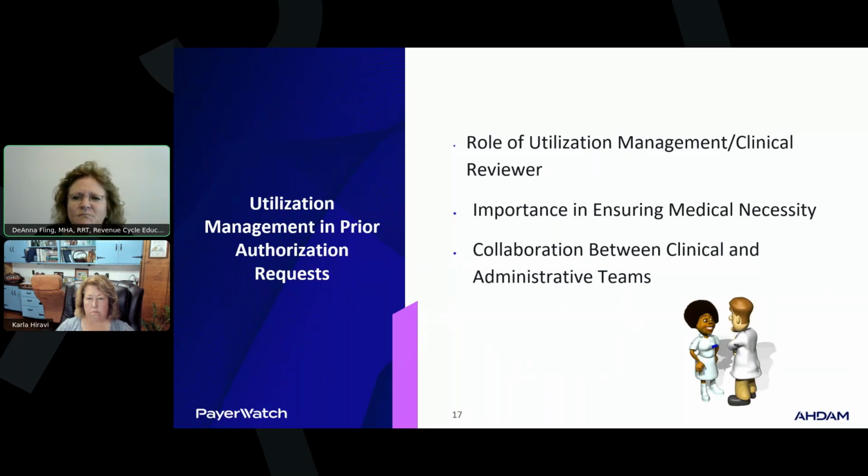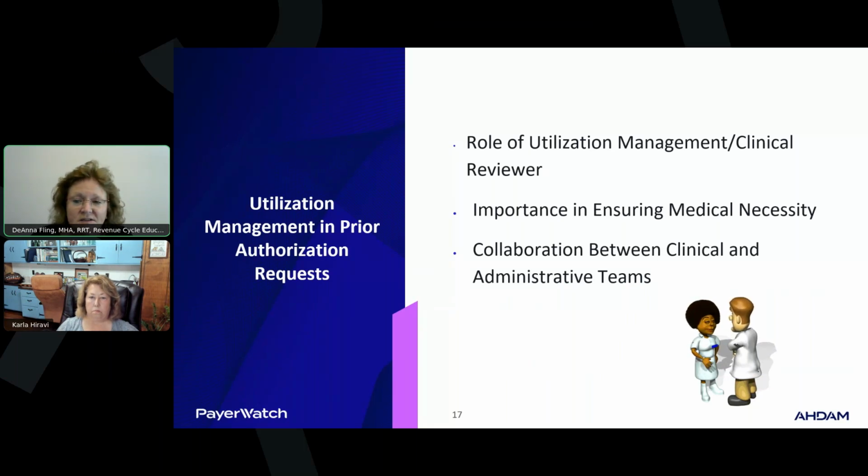Now, while there should be another team in the business office that investigates if a service or inpatient stay is a covered benefit under the patient's insurance, the utilization management team serves a very important role working with not only the clinical team and the physicians, but also with the business office teams.